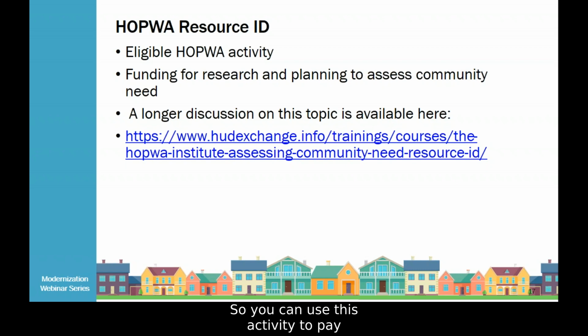You can use this activity to pay for the time spent doing research and planning on your community needs, or if you hire someone specifically to do, for example, a housing and service needs assessment, that is an eligible activity. So for those of you that are getting a large increase, this could really be a valuable tool in your toolbox to really try to understand what the community need is and what types of other activities you may want to spend those additional dollars on.